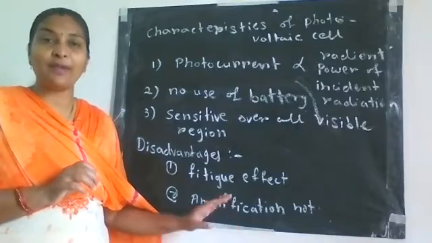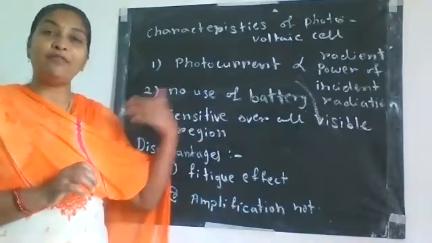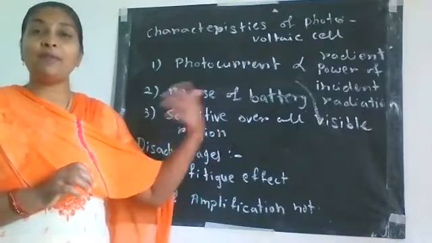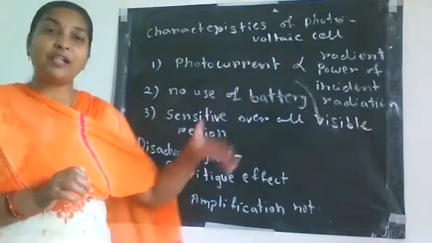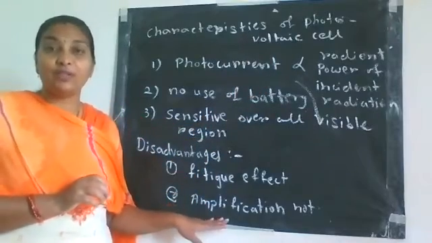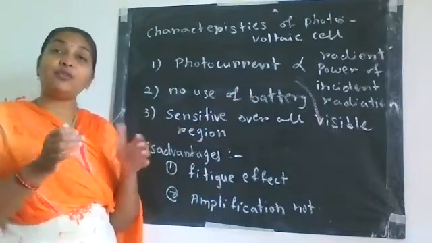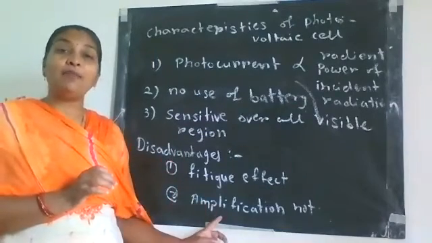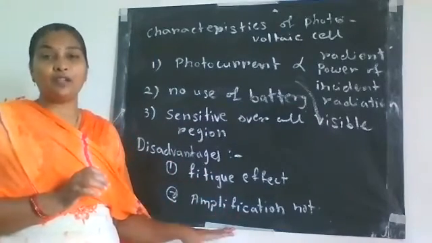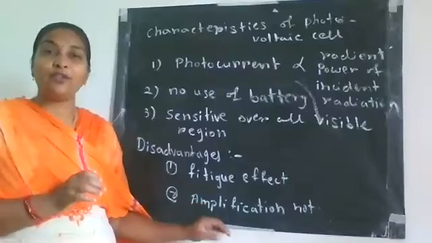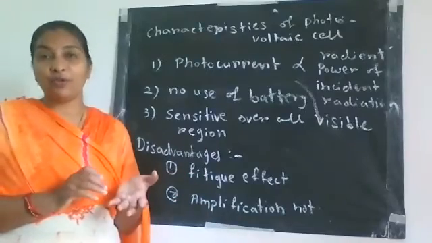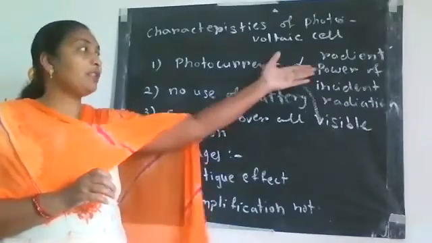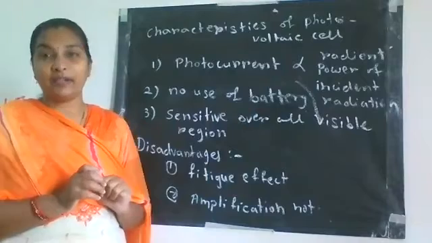Amplification, you know, means you have to amplify it multiple number of times, so you get the signal multiple times. That is called amplification. As the detector's own internal resistance is very small, the amplification becomes very difficult for the photocurrent. And therefore again you will not get the accurate photocurrent and the radiant power of the incident radiations.